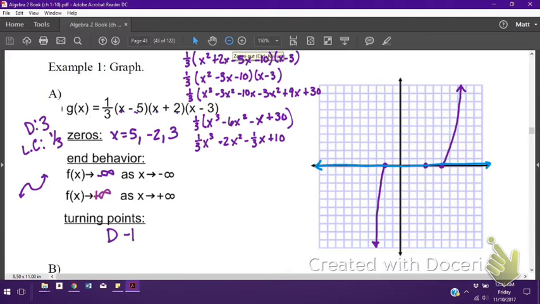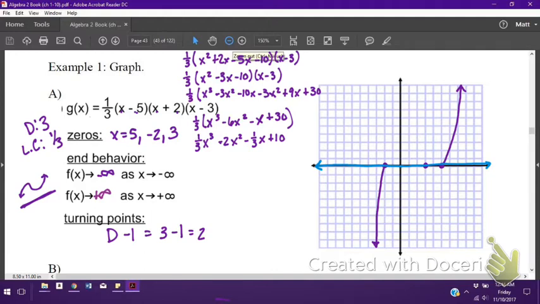Well, I'm going to say d for degree, that way we keep with the same terminology. So I have a degree of 3 minus 1, so that gets me 2. So that means I have 2 turning points. If you look at my rough graph right here, I have 2 turning points, right? It goes up, and then it goes down. So there's 1 turning point. And since it's going down, eventually it's going to go back up, which is another turning point.